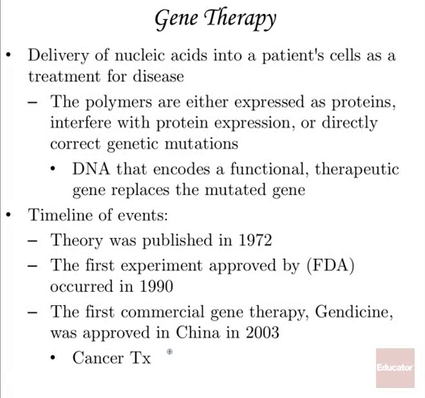So gene therapy, the theory on it, was first published in 1972, and the first experiment approved by the FDA occurred in 1990, so about 18 years later. And 13 years after that, the first commercial gene therapy was approved for use as a cancer treatment. And the gene therapy, called Gendicine, was approved in China in 2003.